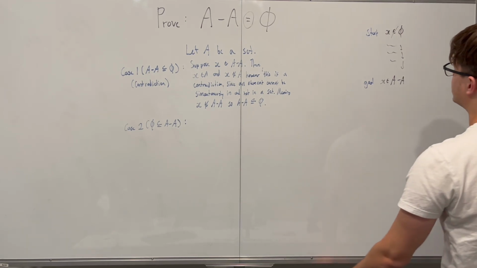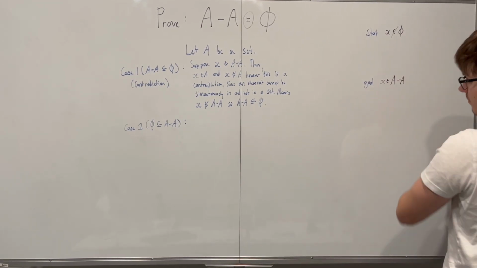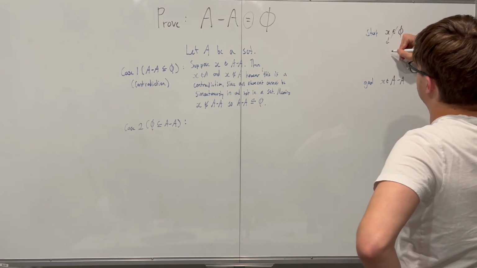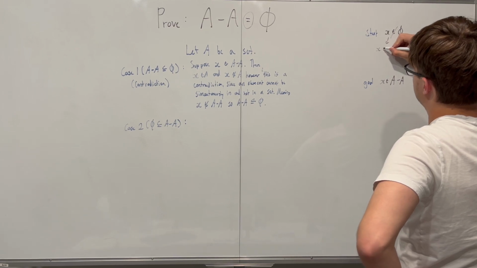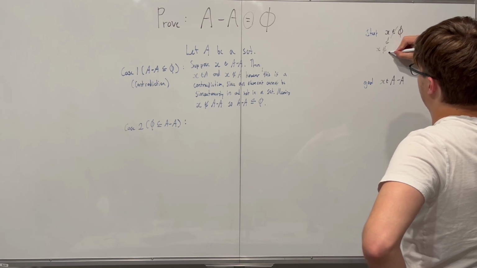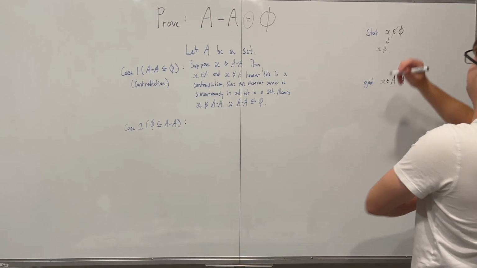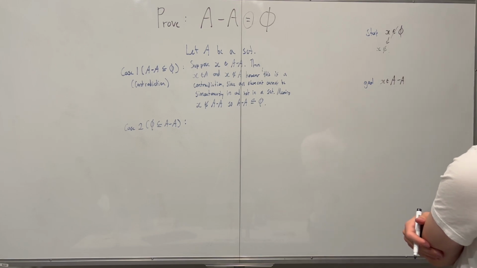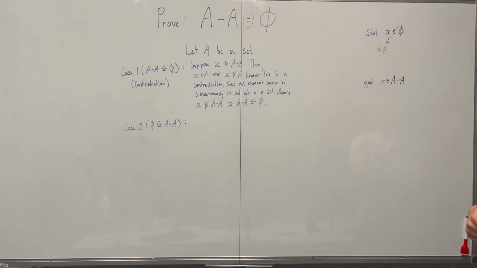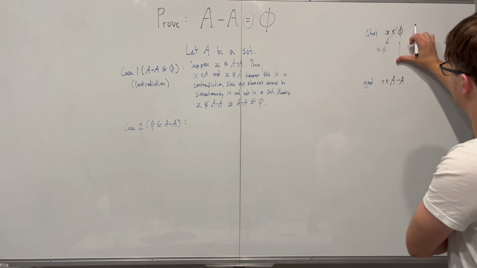Maybe we can try saying that this means x cannot be an element of, no. It's a little difficult to prove the other direction. Maybe if this is a vacuous proof, then you can just jump to here, but I'm not sure about that.